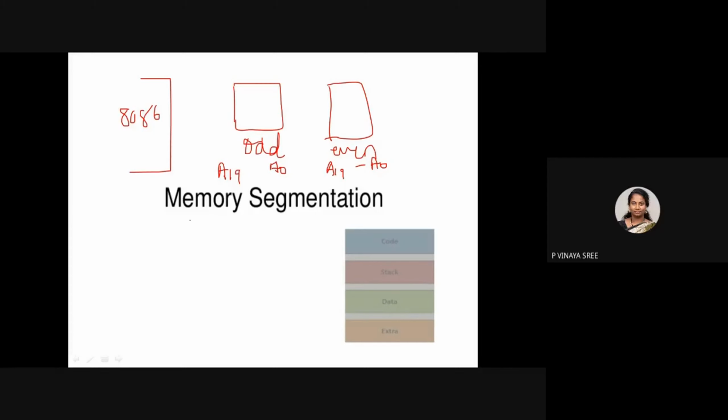See here, if the addresses are 1230 and 1231, and it continues like this, 1232, 1233. I am concentrating on this.